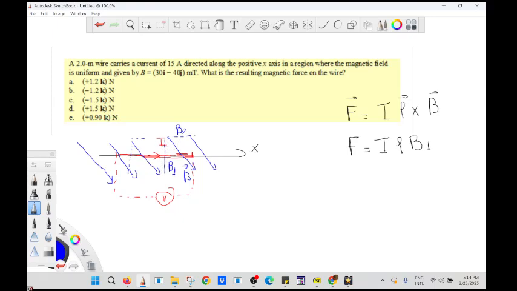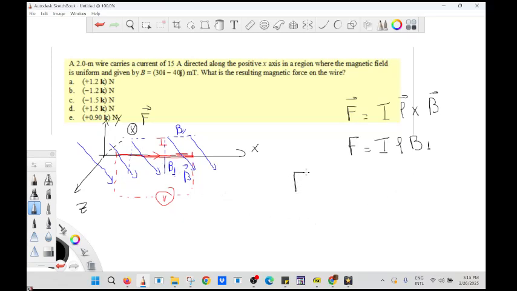So it's only this component that will act on I. And if you take your finger, okay, let's do also the X, Y, Z. So this is X, this is Y, and this is Z. If you take your right hand, I is along X, B is down, so along the negative Y. So it means that the force will be into the blackboard, so along the negative Z. Okay, you use the right hand.